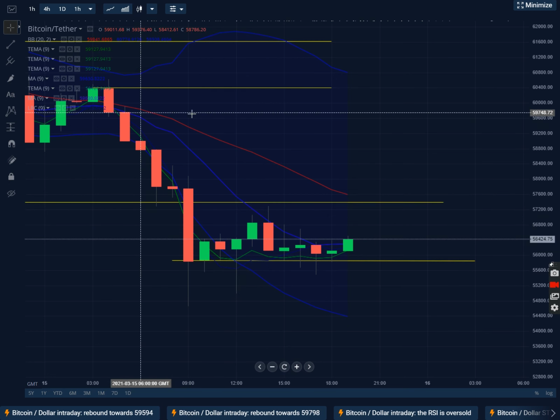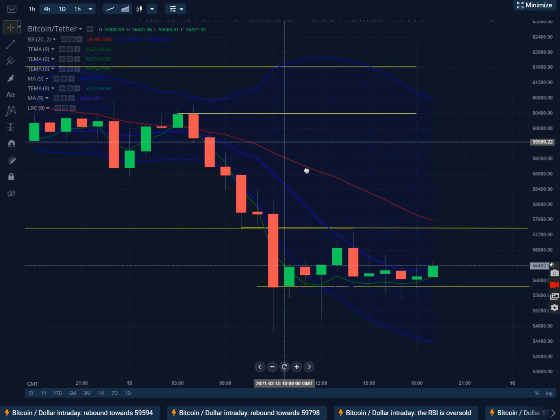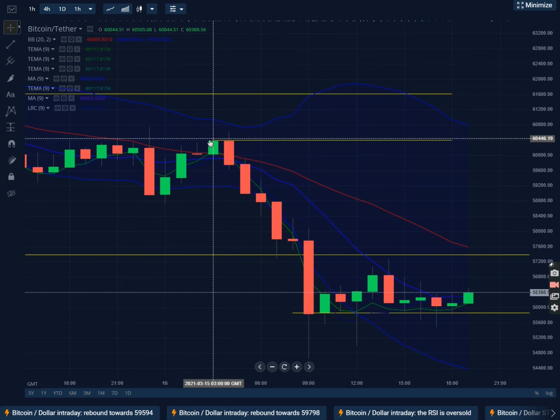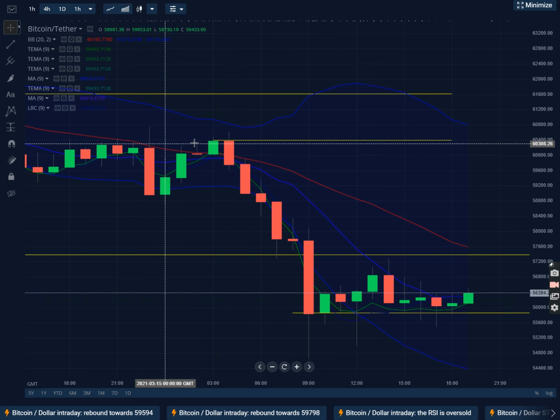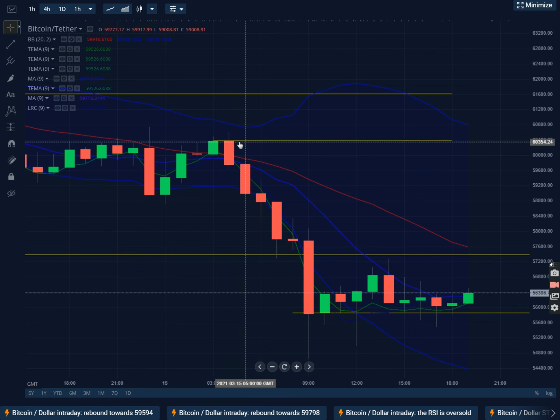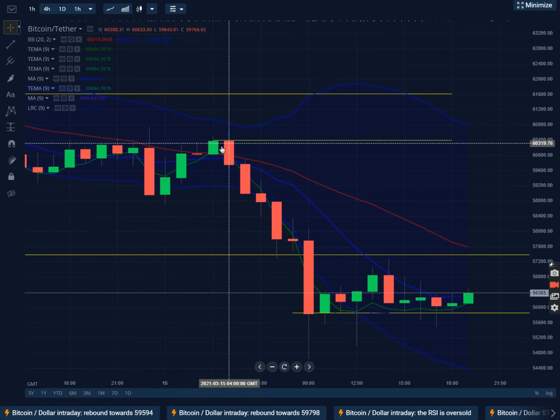And then up here, I can just scroll up, this is where I think the last resistance line is, just because that's where the last two candles were at the highest point.